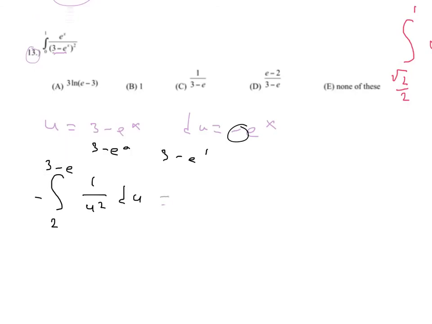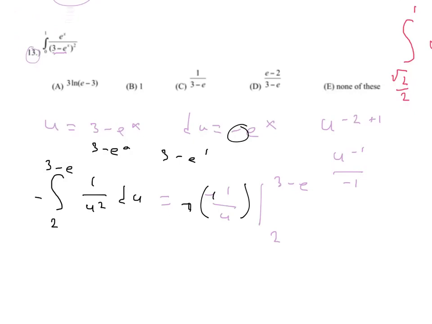The antiderivative of 1 over u squared, if we think about that as u to the negative 2, let's add 1 to it. So we get u to the negative 1 over negative 1. So we have negative 1 over u from 2 to 3 minus e. And don't forget about this negative sign here. So these are going to actually cancel out.